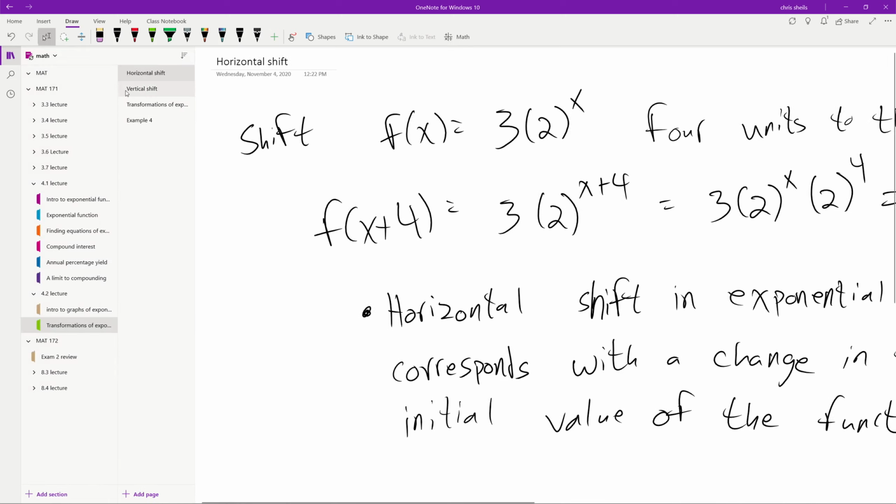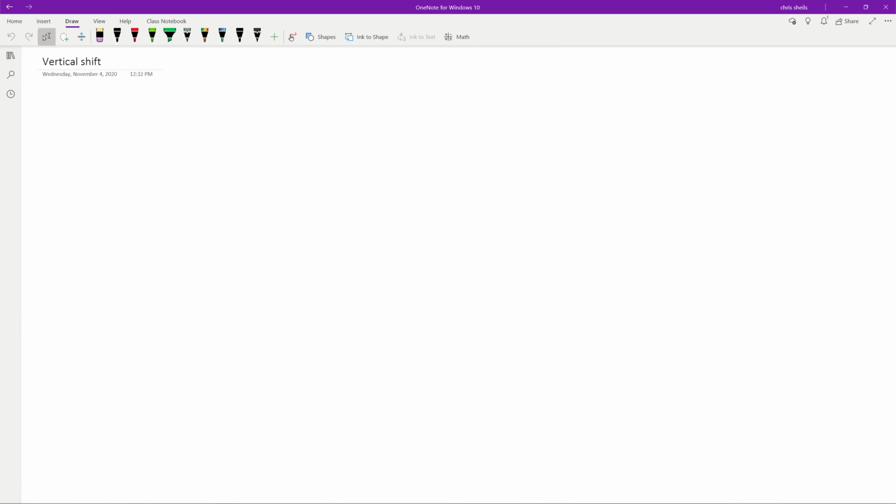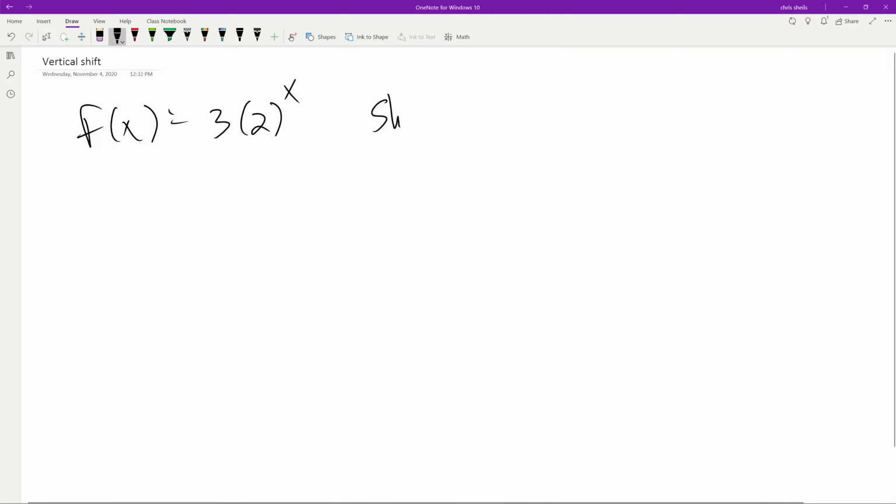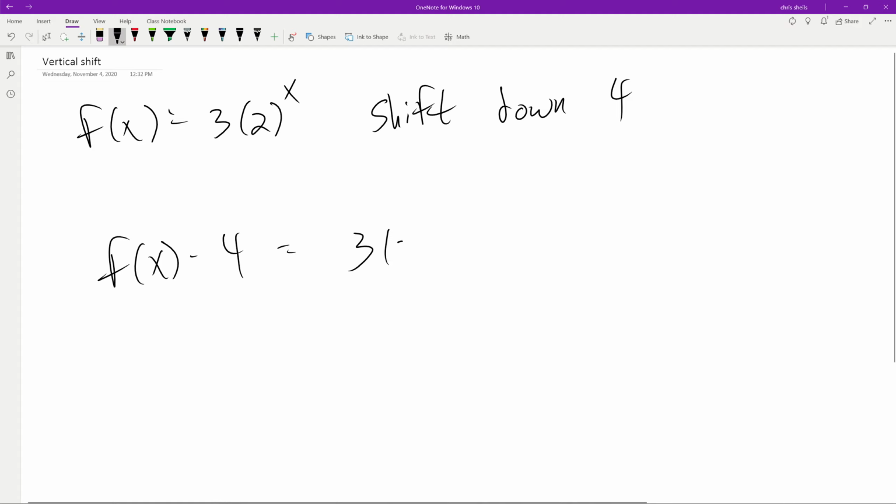Now, looking at vertical shifts, let's say we want to take the same function, f of x equals 3 times 2 to the x, and shift this down 4 units. Well, that would just be f of x minus 4. This would be 3 times 2 to the x minus 4.